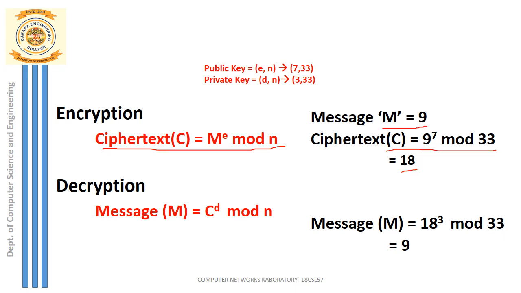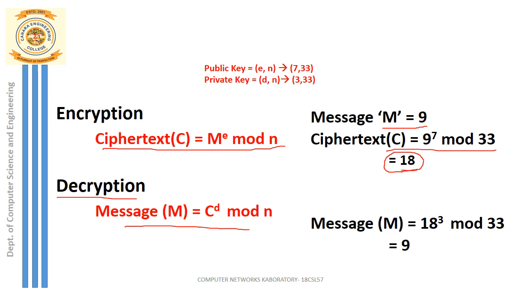The sender will send this ciphertext instead of message M. So if any intruder accesses this data or ciphertext, he may not understand the actual data the sender is sending. At the receiver side, the receiver will perform decryption using a simple formula: message M is equal to C to the power D mod N. Here D comma N is the private key of the receiver.